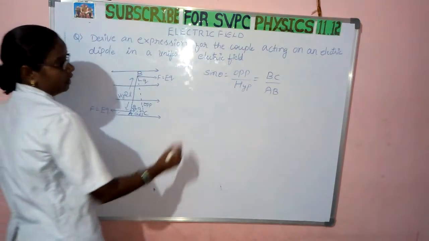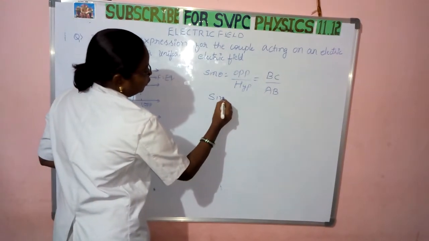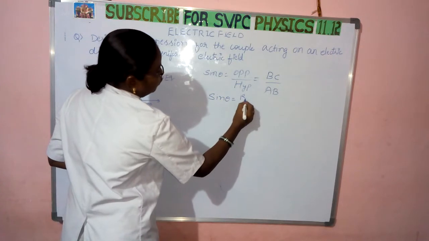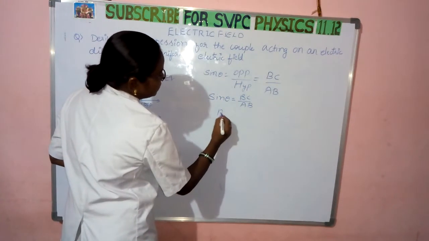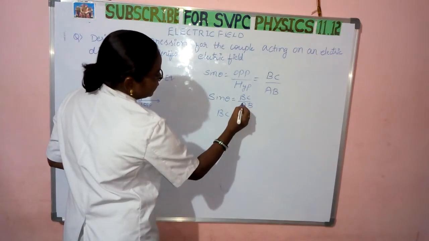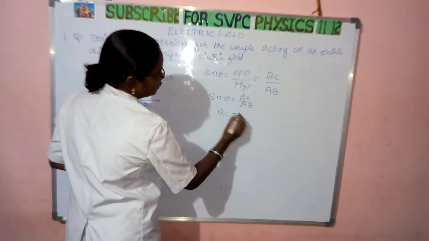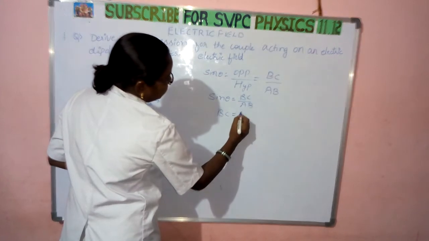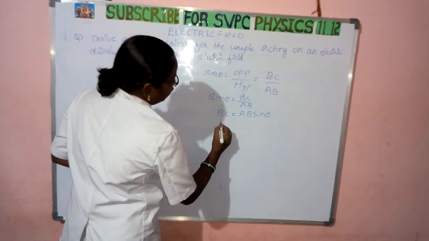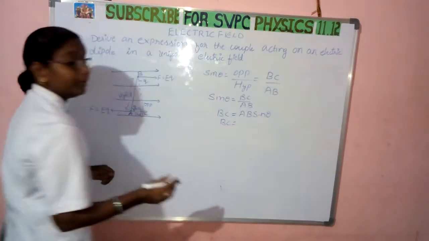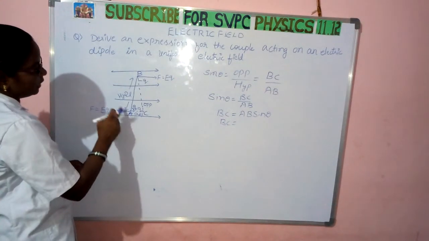So now sine theta is equal to BC by AB. If you cross multiply this equation, BC is equal to AB into sine theta. What is AB from this diagram? 2L.